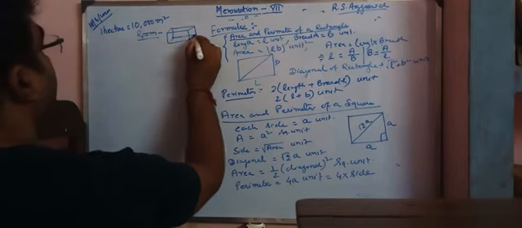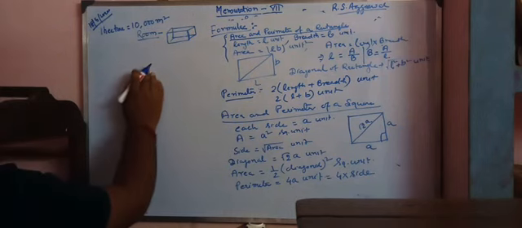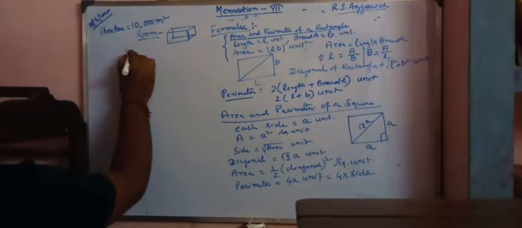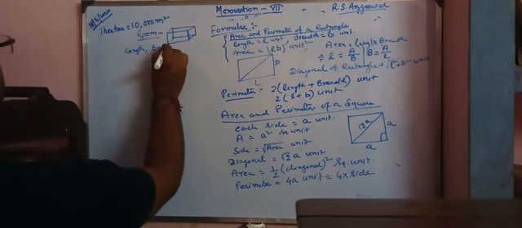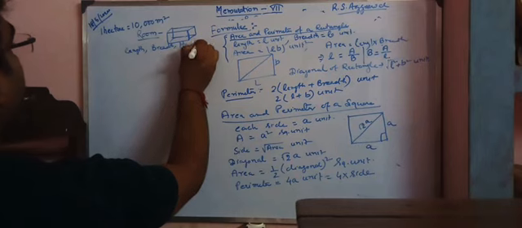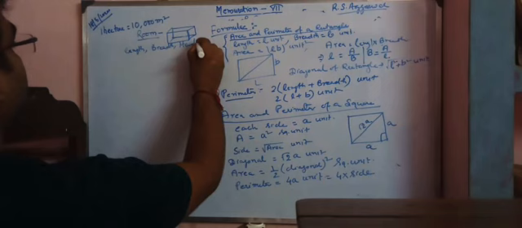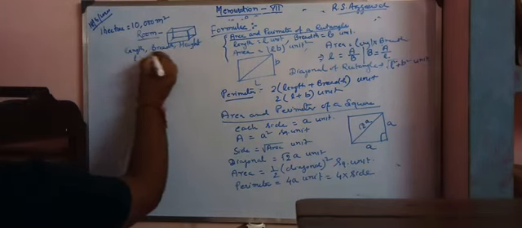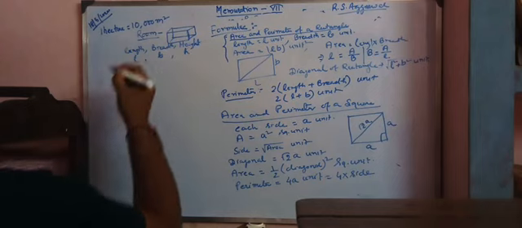This is the shape of a room. So for a room there should be length, breadth and height. Now we take length as L, breadth as B and height as H.